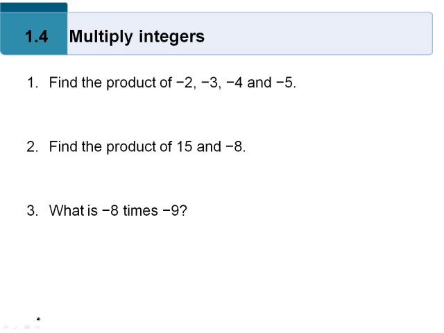So twice negative 14 would be 2 times negative 14. All right, so let's look at some of these problems. It says find the product of negative 2, negative 3, negative 4, and negative 5. So product is multiplication. So we're going to multiply negative 2 times negative 3 times negative 4 times negative 5. All right, so we have 1, 2, 3, 4 negative factors, which means I'm going to get a positive answer.